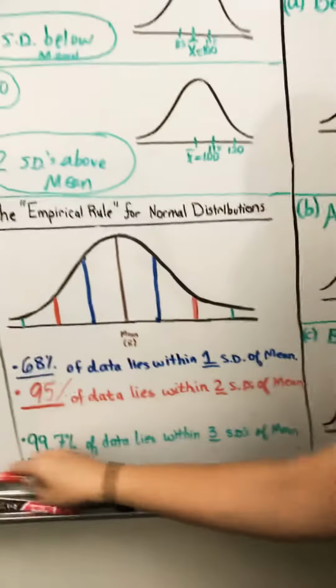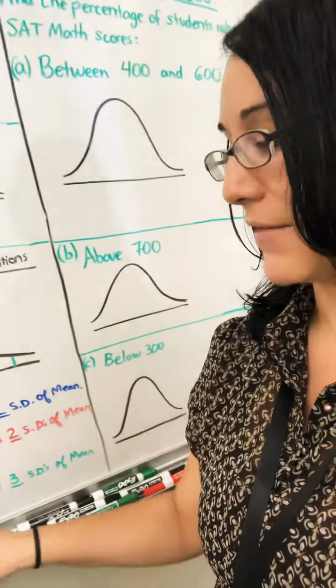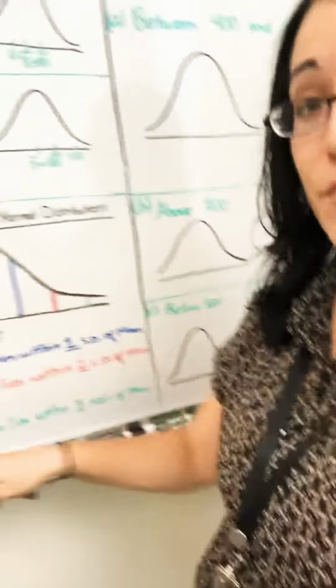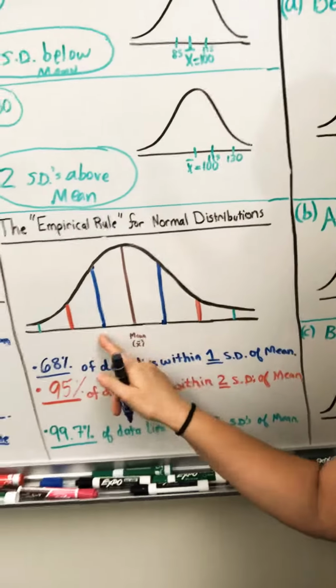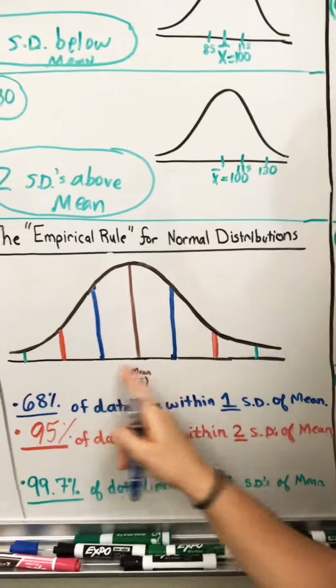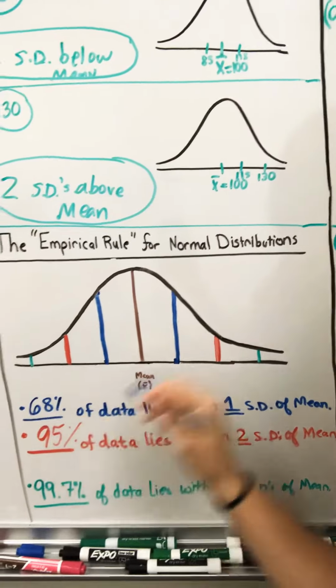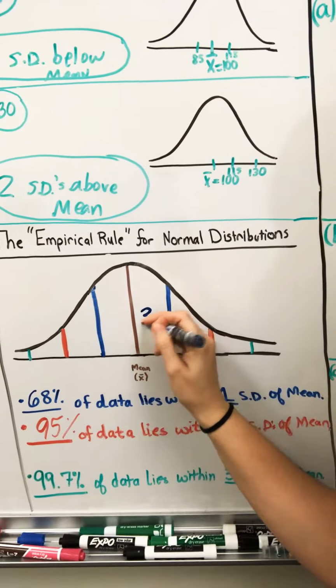Okay. So if you wanted to break this into bite-sized pieces for yourself in your notes, and I think the notes that I provided for you online actually do this for you, but let's see where they come from. If 68% of all data lies within 1 standard deviation of the mean, and I did this in blue for you, what is 68 cut in half? Yeah, that's right, 34.